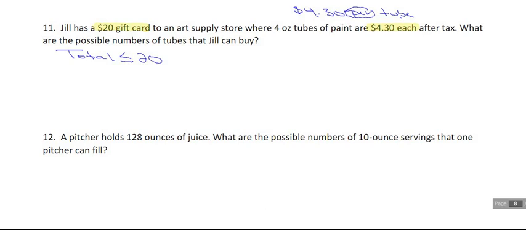Okay, so we can spend up to and including $20. So the overall scenario again is $4.30 per tube. So we're going to write that as 4.30 times, we'll call it T, needs to be less than or equal to 20, where our variable T represents number of tubes of paint.